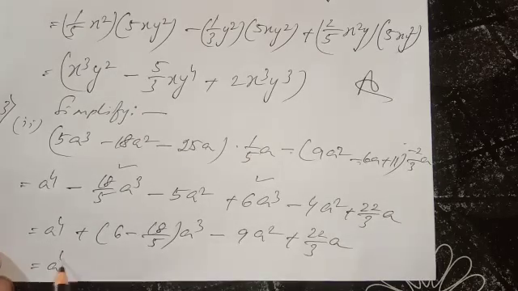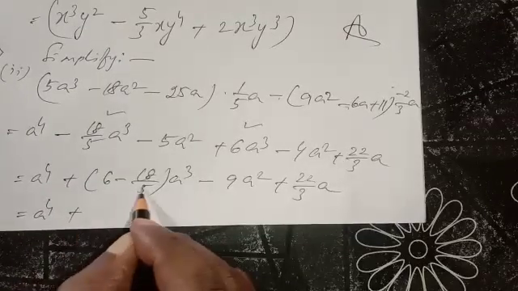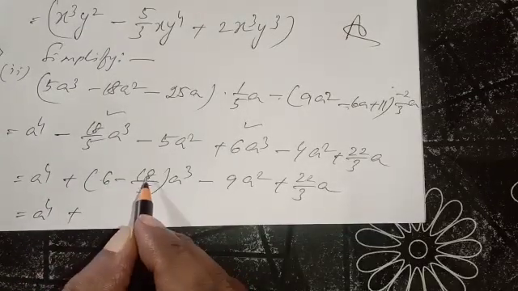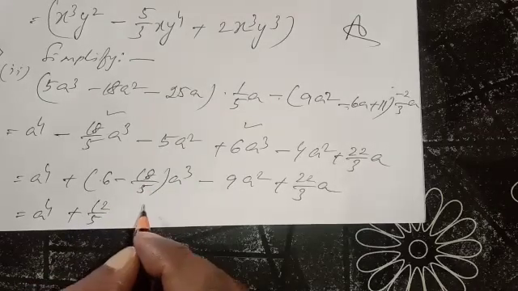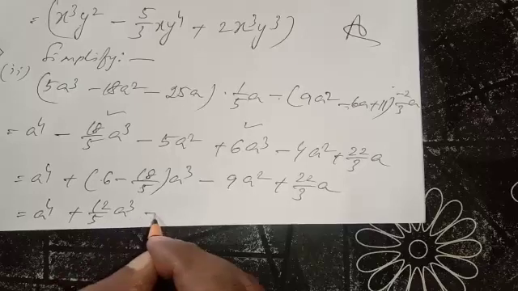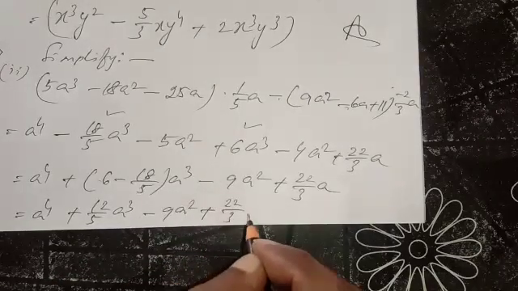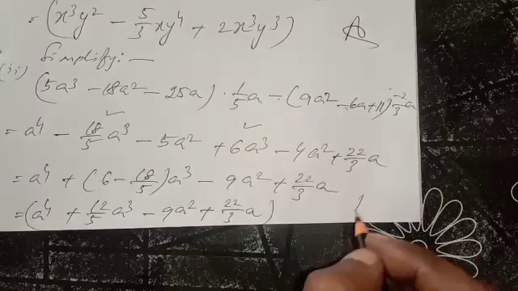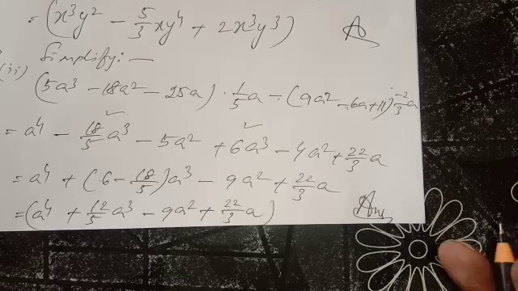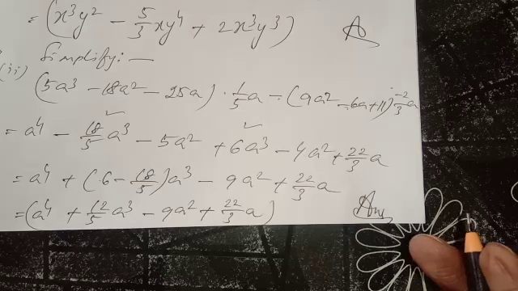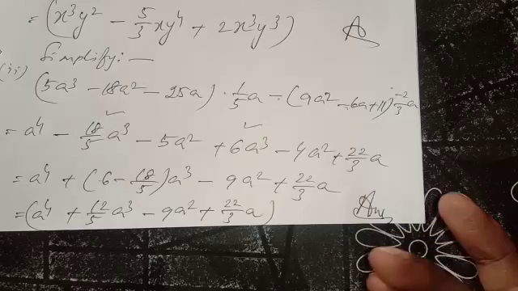This is nothing but a to the power 4, plus 6 minus 18 by 5, that is 30 minus 18, that is 12. 12 by 5 a cube minus 9 a square plus 22 by 3a. And this is the answer. In this way, number 3 last part is completed. This exercise is fully completed. Try to complete it on your own. Thanks for today's class.